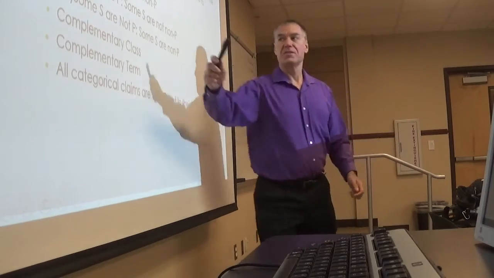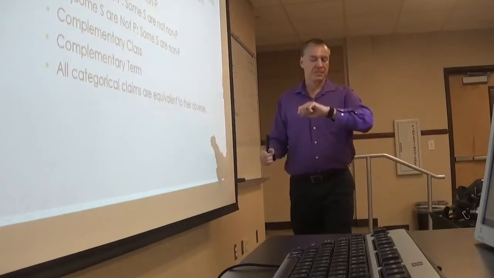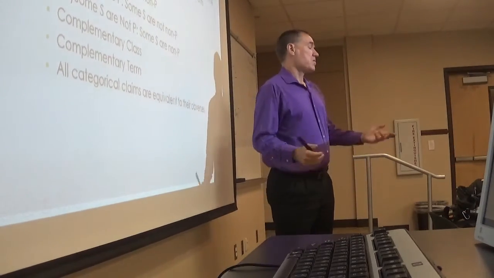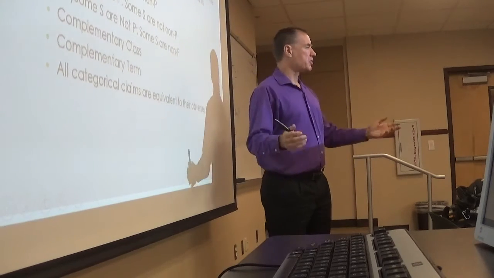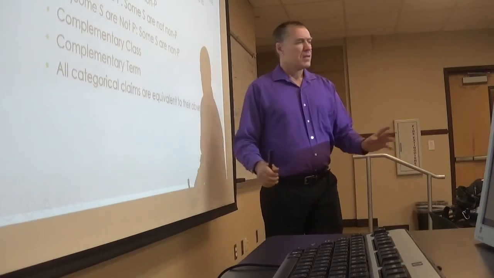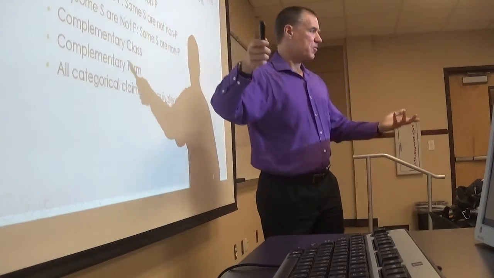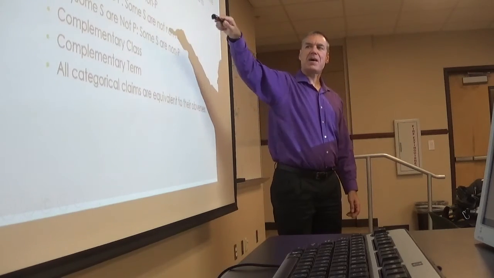Because standard form has to be one of these four. And so if we see this, or this, it's not standard form, and obversion allows us to get into standard form. Now typically that would be the way you would go, because if you're trying to get into standard form, you'd always start with one of these and get it back to that.